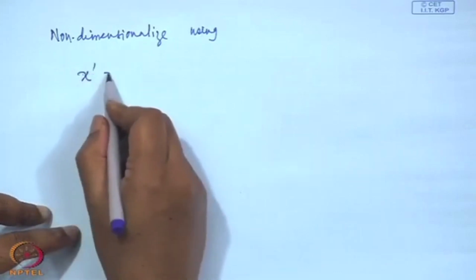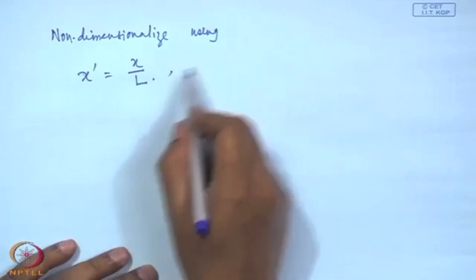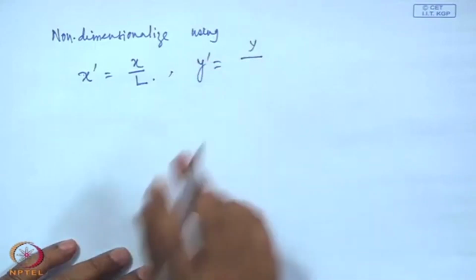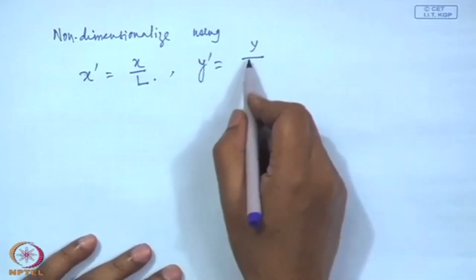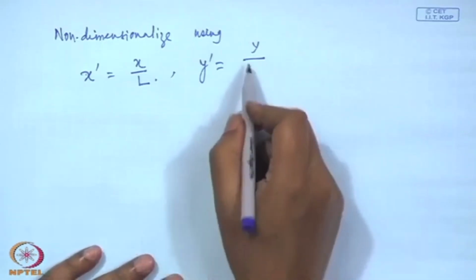The non-dimensional x prime is as usual x by L, where L is the reference length in the streamwise direction. Y prime is not y by L, but Re to the power minus half times L, because the length in the normal direction, or the thickness of the boundary layer, is of the order of the inverse square root of Reynolds number.